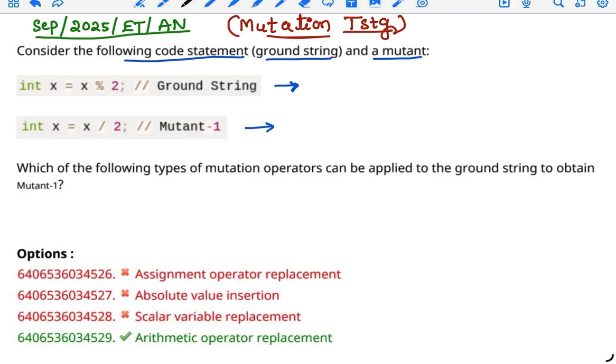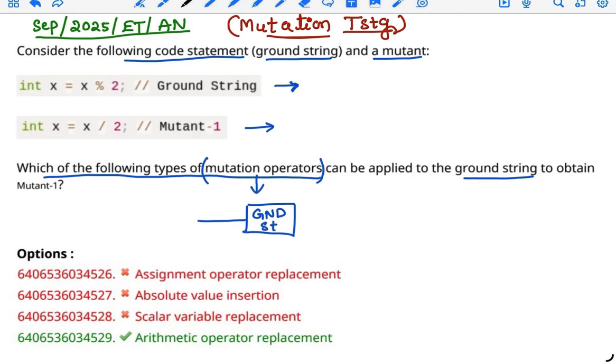And the question is, which of the following type of mutation operators can be applied to the ground string? This one is important, friends. This is the ground string. You are applying the mutation operators here.